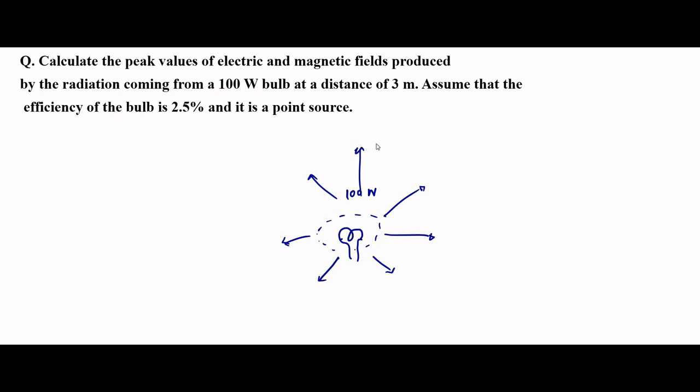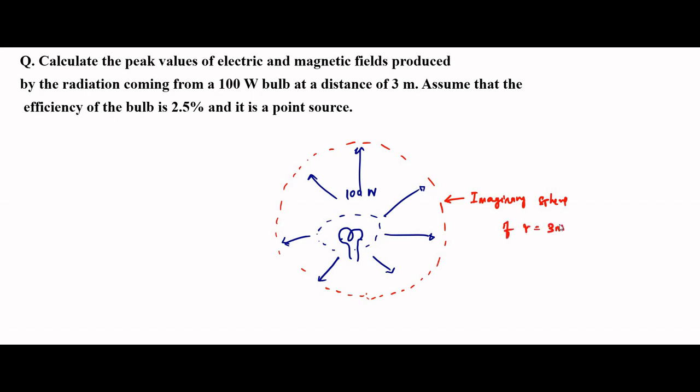So here we will imagine a radius of 3 meters from the center, imagining the bulb to be at the center. So we'll imagine a 3-meter radius. So there will be kind of an imaginary sphere of radius 3 meters.